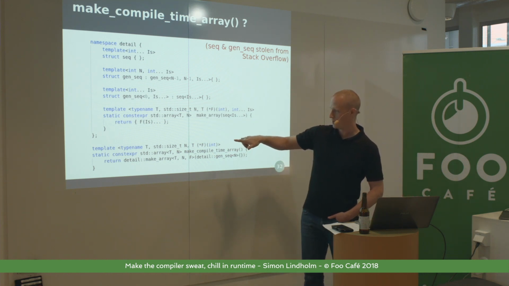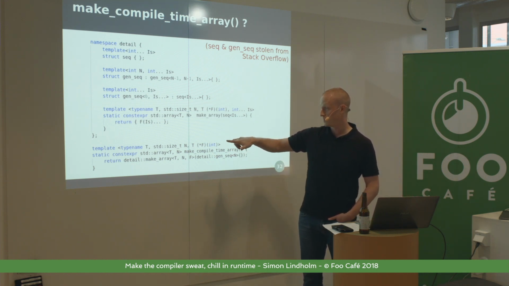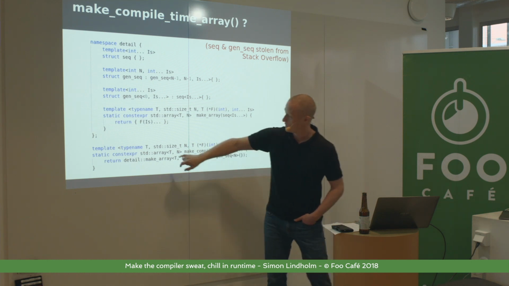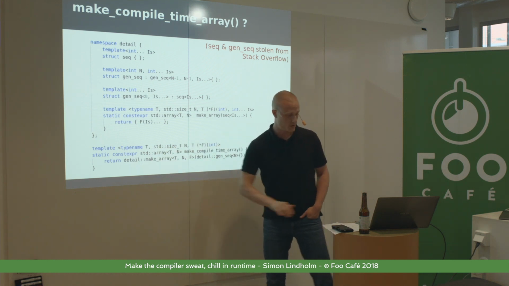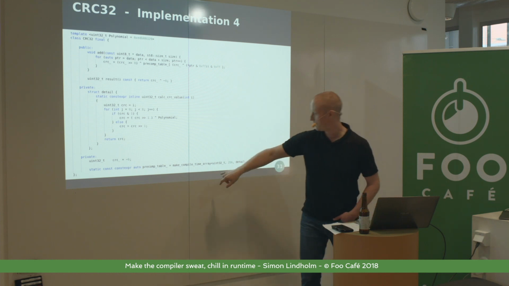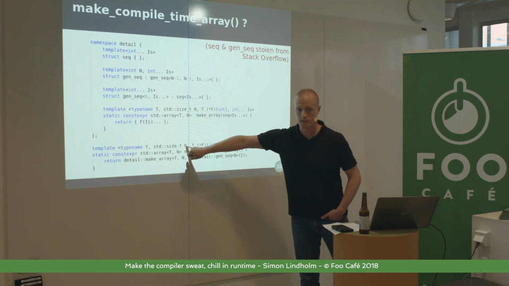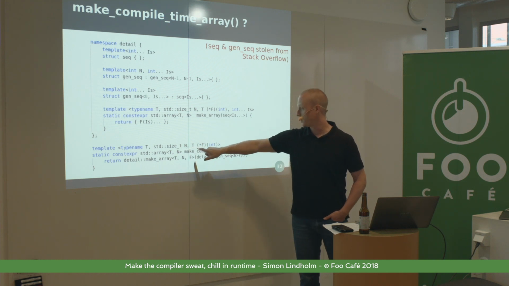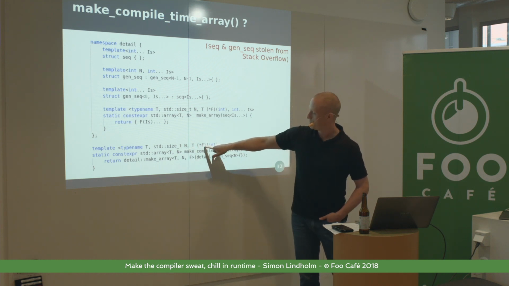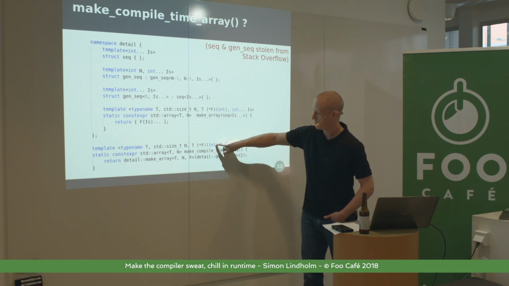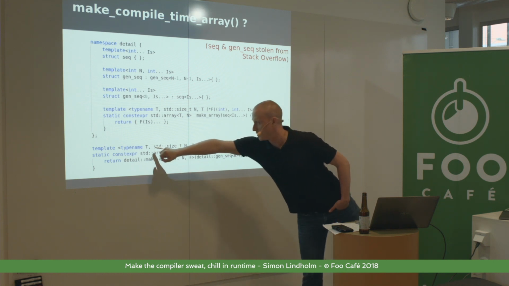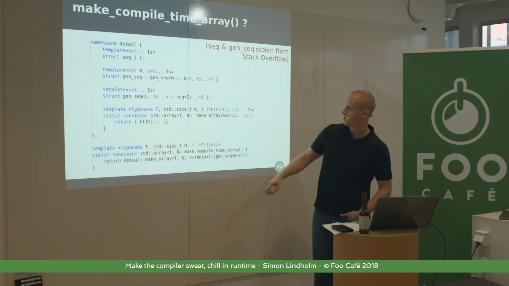So we have a template function. You give in the type name, which was uint32 in this case. And you have n, which is the size of the array you want, and here you have a function which maps from an integer, which will be 0 to 255, and back to the uint32 that we specified there.